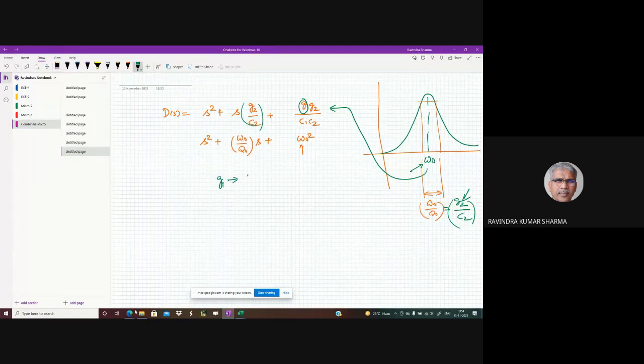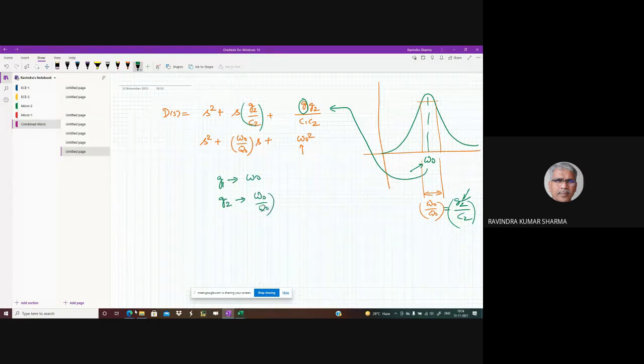G1 controls omega naught and G2 controls the bandwidth omega naught by Q naught. So electronically 2 फिल्टर के पैरामीटर इंडिपेंडेंटली ट्यून किए जा रहे हैं.